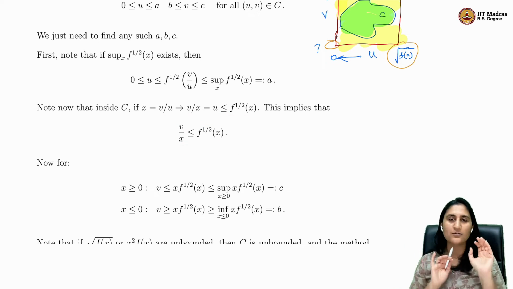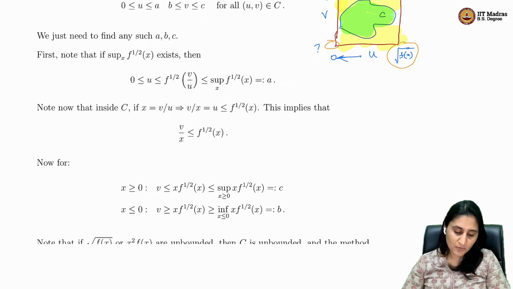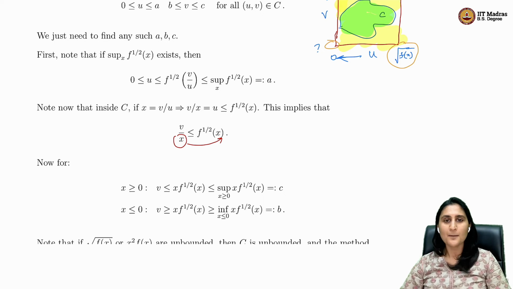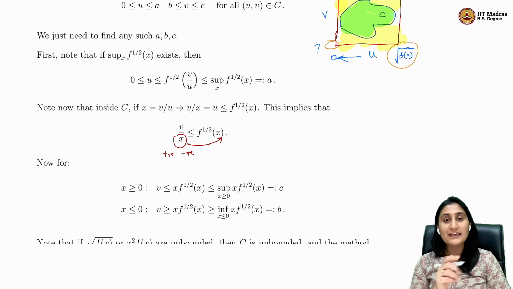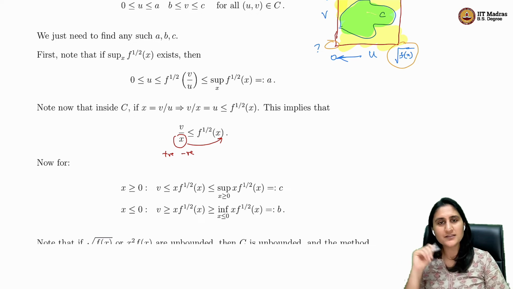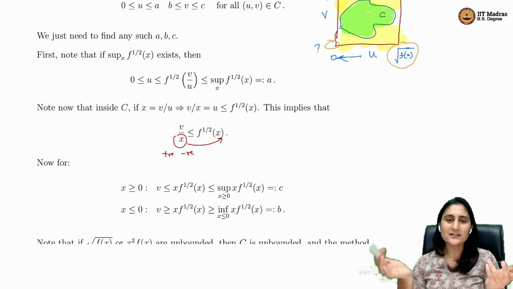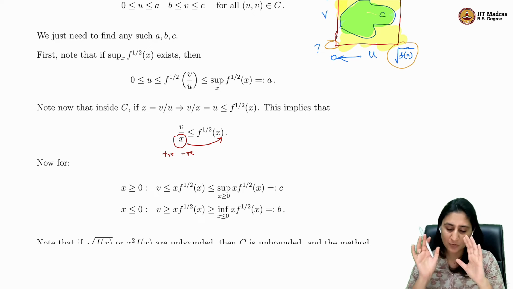I'm just moving things around here. Now I want to take this x onto the other side, but I can't do it very generally because x can either be positive or negative. If I take a negative value onto the other side of an inequality, the sign of the inequality changes. So I can't do it without thinking.